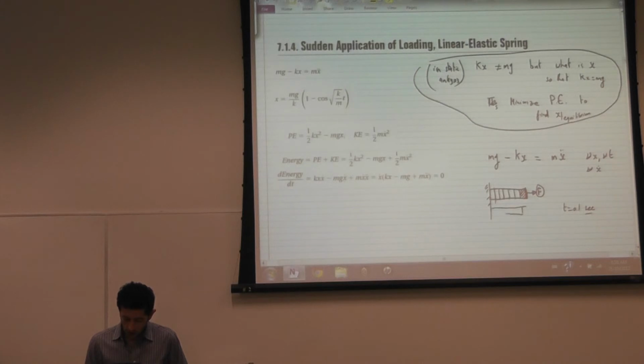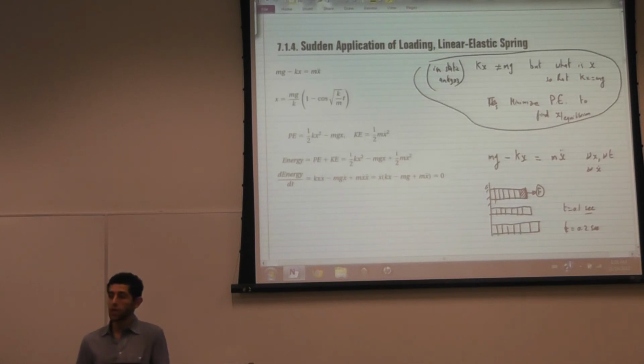So you can see a wave. The first element extends. At t equals 0.2 seconds, this face is now here. Now the next element has even extended, and the elements in the back have not felt anything yet. As time progresses, you see the movement of the structure.